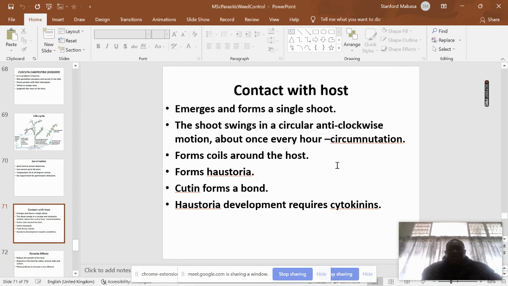We call it circumnutation. It forms coils around the host, forms haustoria, and cutin aids the bond between the parasite and the host. Now, haustoria development will require cytokinins, which are produced by the host.